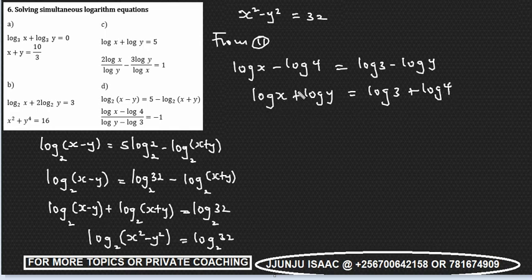Since it is a plus, this is the same as log xy equal to log of 3 times 4. So we can see that xy is equal to 12. And now the new equations we have are this and this. I have got rid of the logarithm. Now we can solve simultaneously.